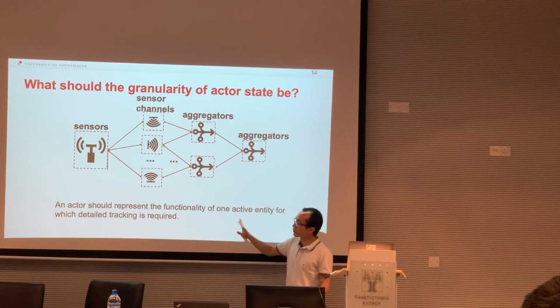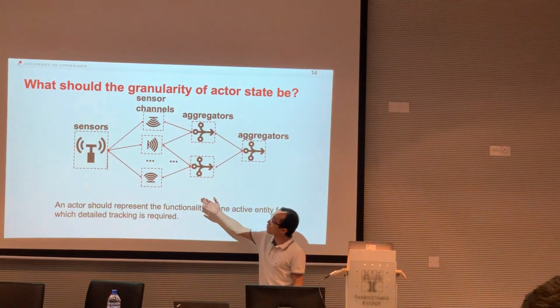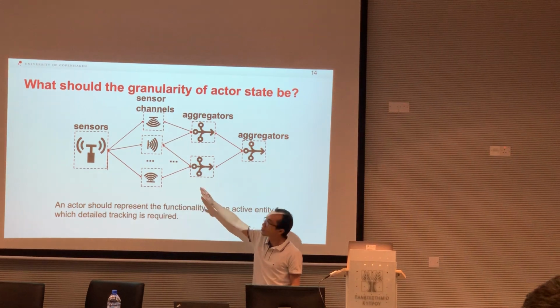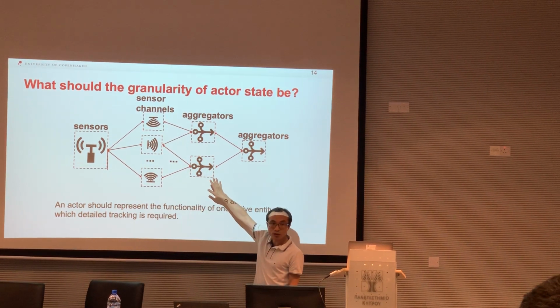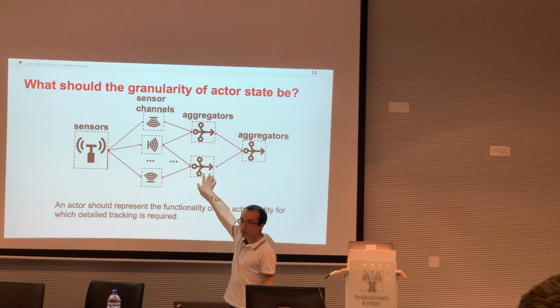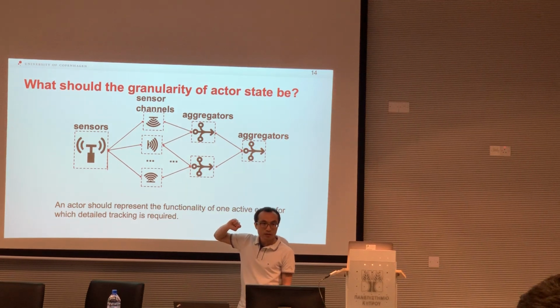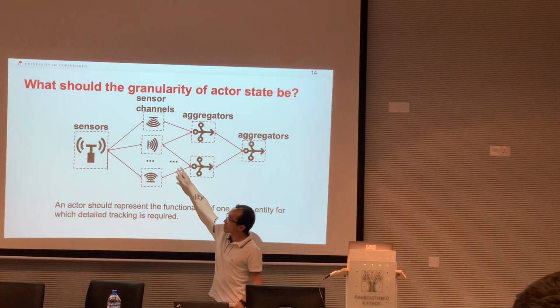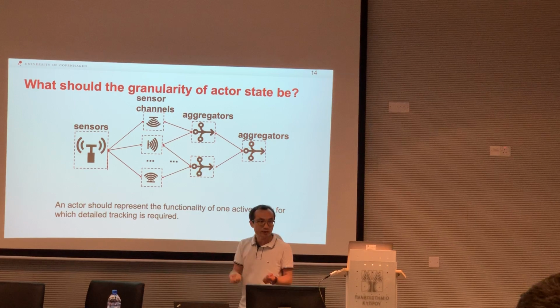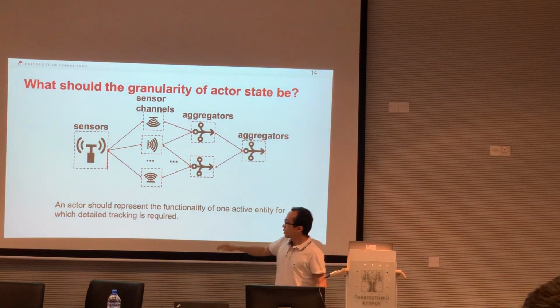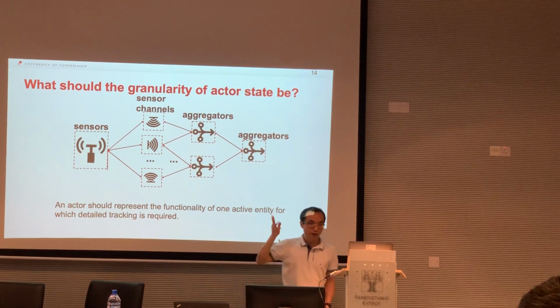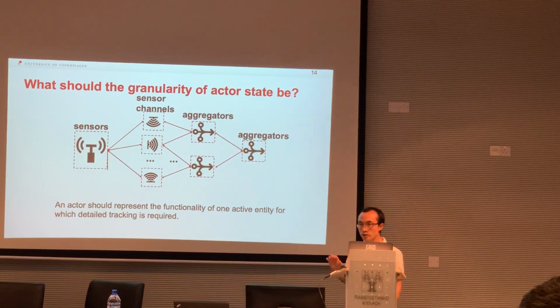For example, if you often need aggregates of multiple sensor channels, it would be useful to model this as a separate actor. Otherwise you have to always communicate with a lot of actors and aggregate. These are general rules that we find would be very interesting to consider.